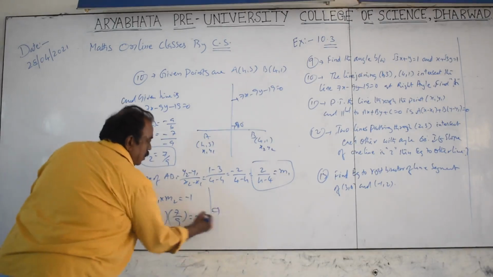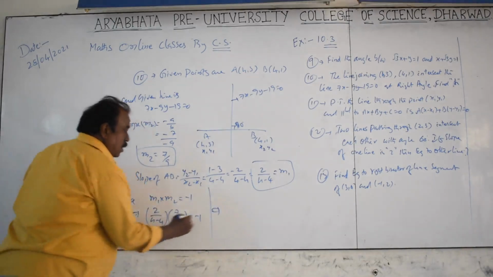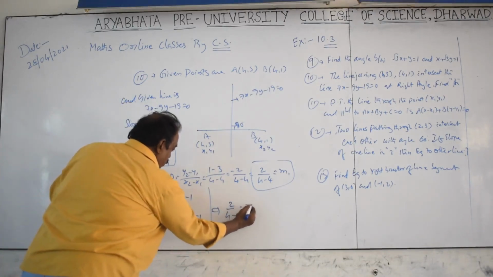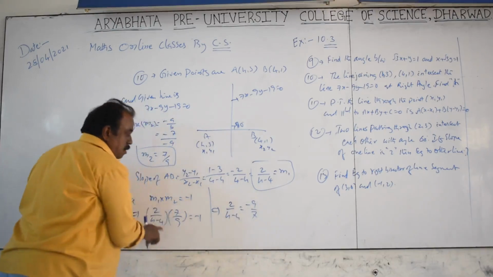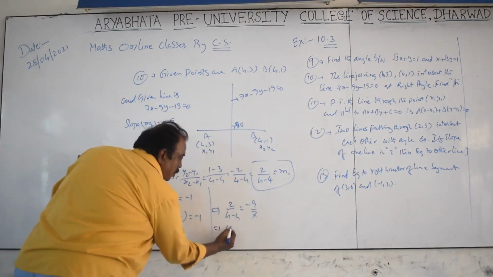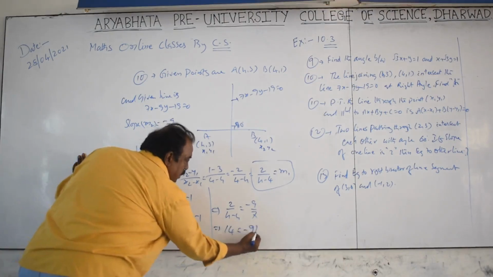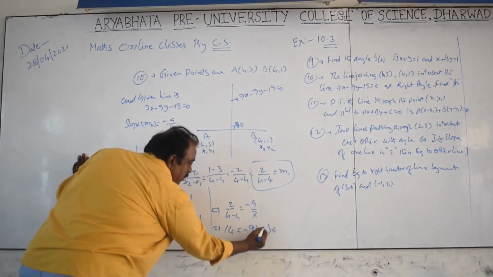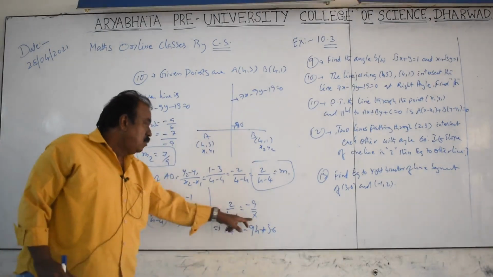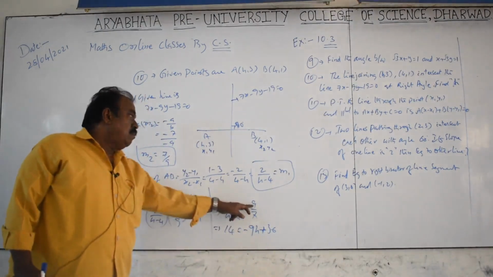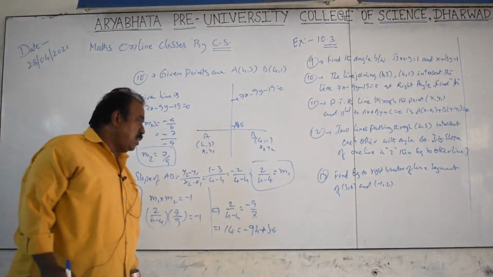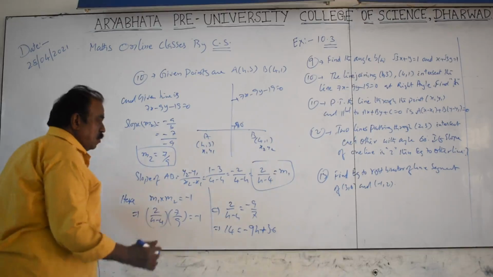So 2 by h minus 4 is equal to minus 9 by 7. That implies 14 is equal to minus 9h plus 36. Will you agree?